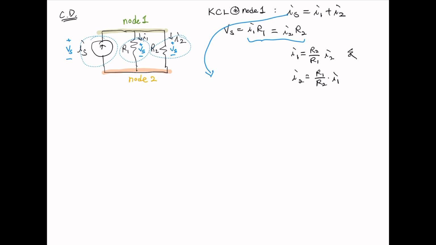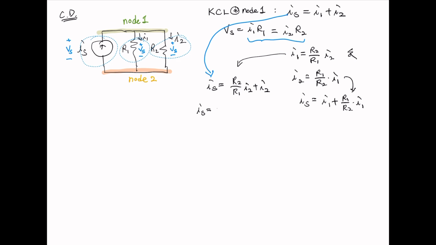Now we're going to use this and say Is equals I1 plus I2, which is R2 over R1 times I2 plus I2. And in a similar way, we could have Is equals I1 plus I2, which is what? R1 over R2 times I1.